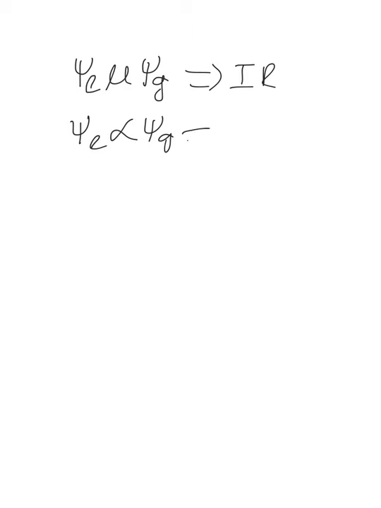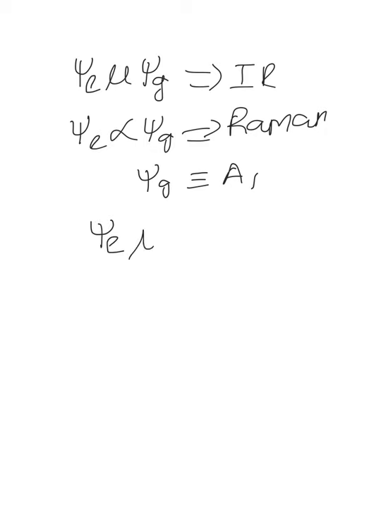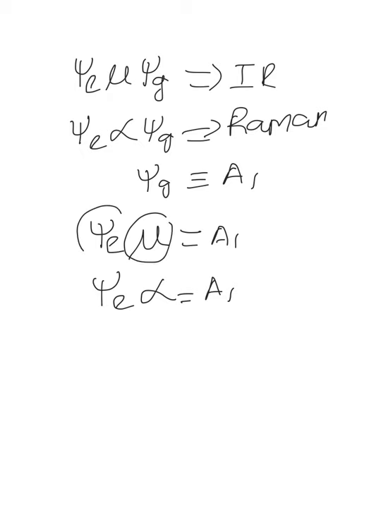In both cases, psi G is the vibrational ground state, which is always equal to A1, so we are not bothered about it. We are interested only in psi E mu or psi E alpha.